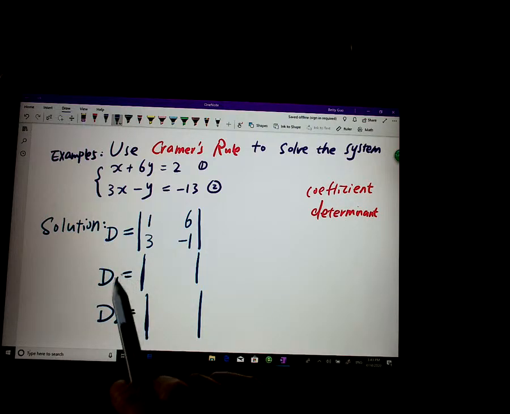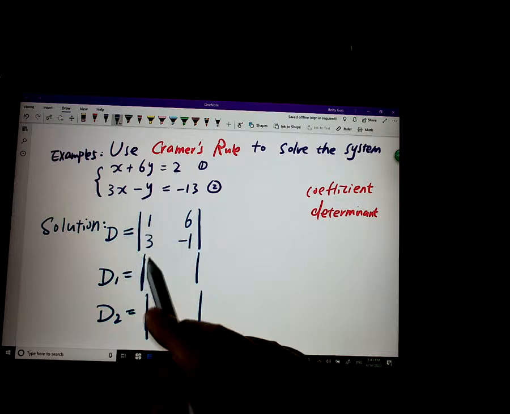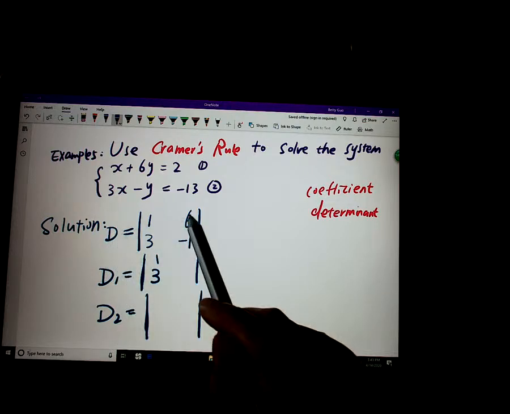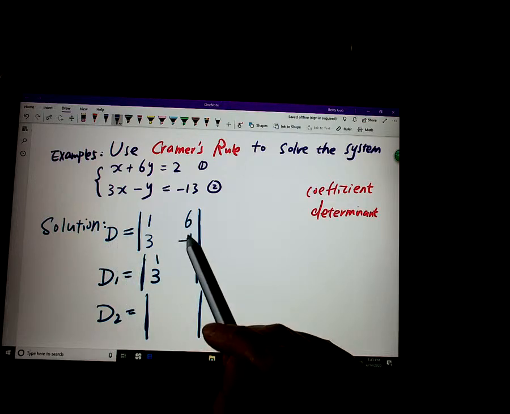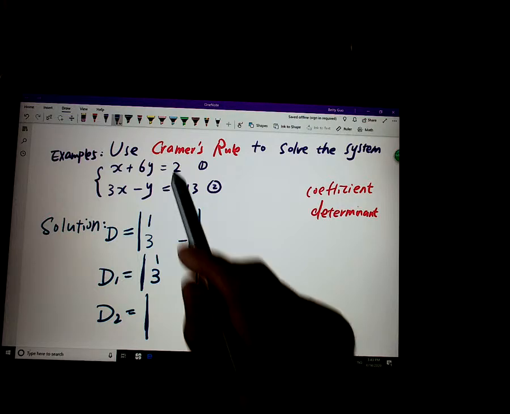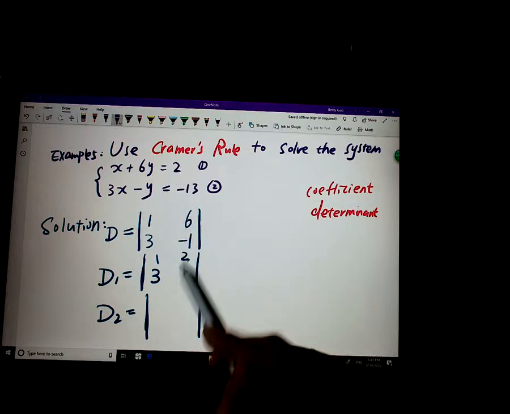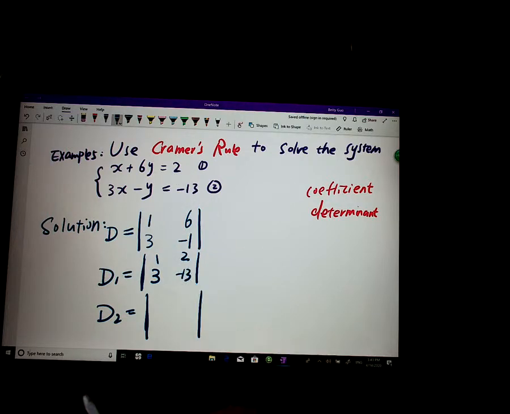In D1, we are going to keep column 1 and change column 2 in D. In D, column 2 is 6, -1, right? We're going to get rid of those two numbers and replace them with the constant terms, 2 and -13. You see what I'm saying?